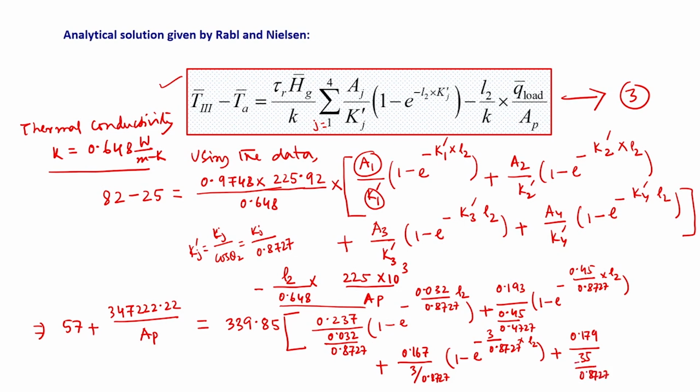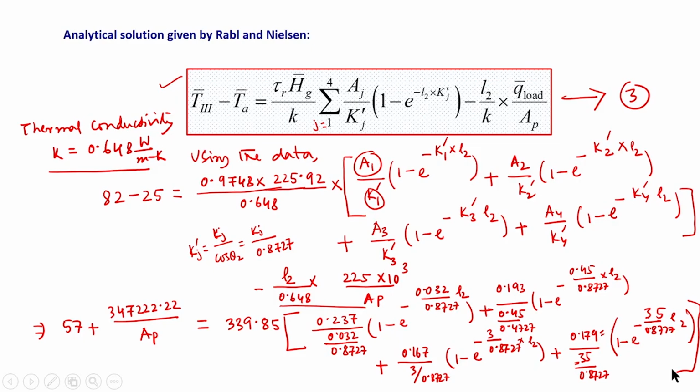So, this 35 is nothing but the K4 value, and this is the A4 value. Okay. These are fixed. So, we are not taking the data from the air. This 35, and then we have 0.8727, then L2. Okay. L2, right.